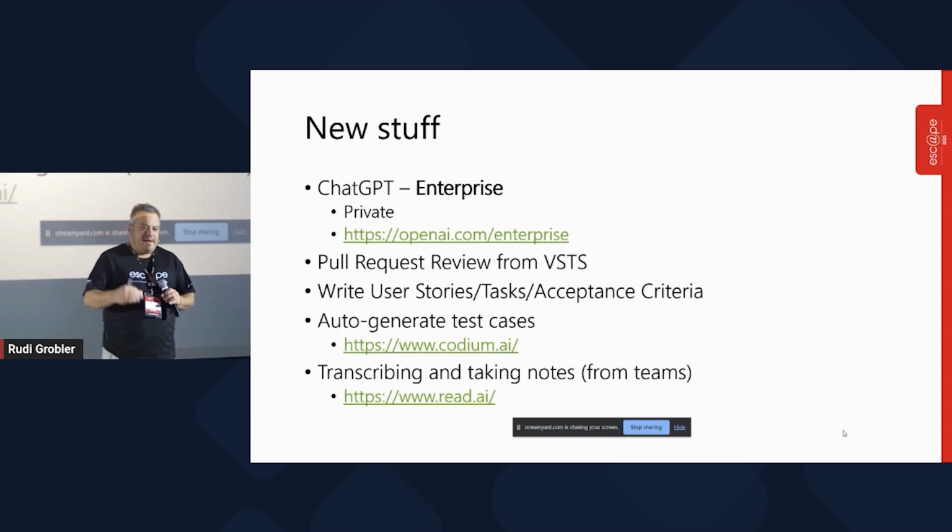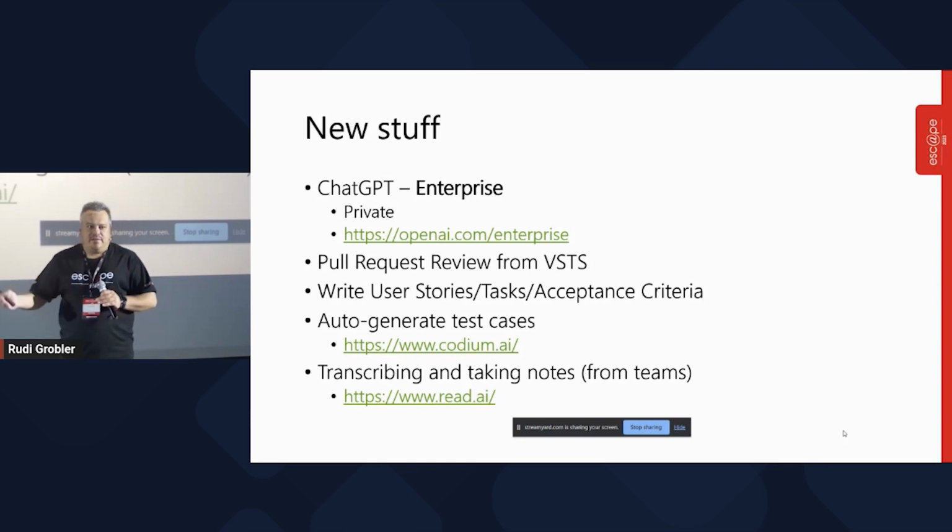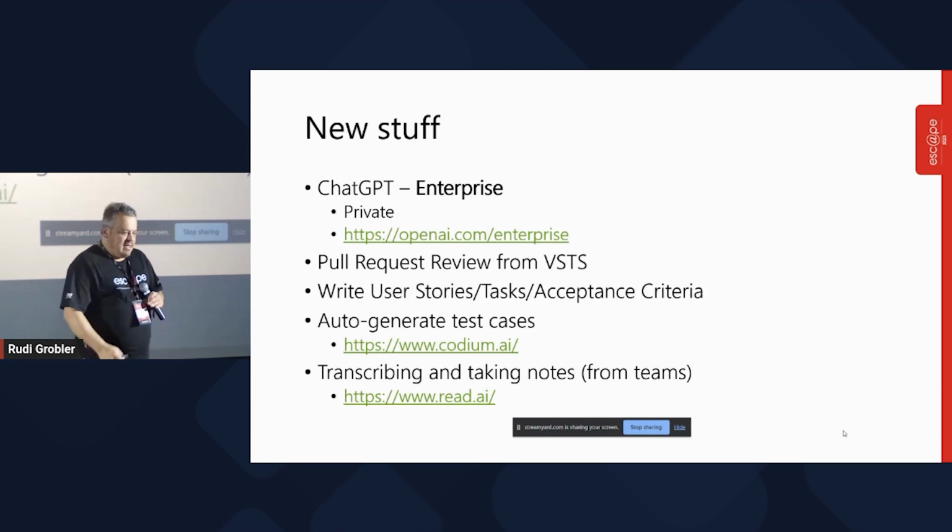And one of the steps that happens in your pull request is it actually gives your changes to ChatGPT and asks it to give its opinion about the code. So you are seeing stuff like pull requests coming with some suggestions from ChatGPT. You can do things like ask it to create user stories, tasks or epics, whatever you want to call it.